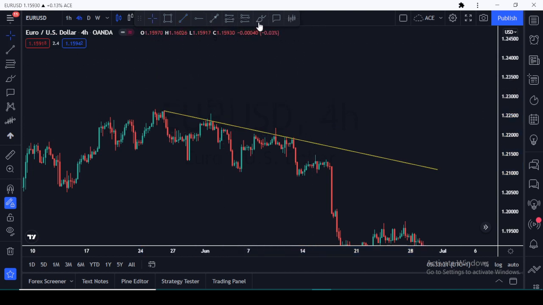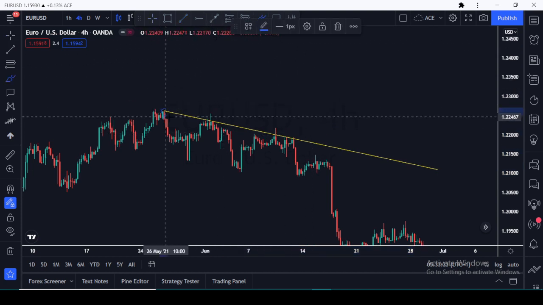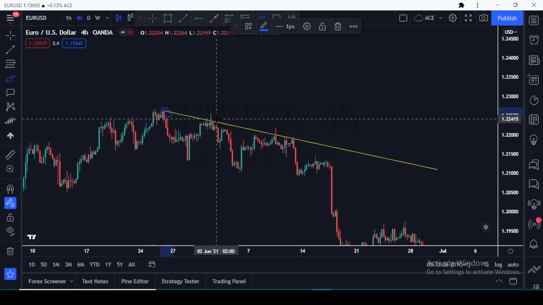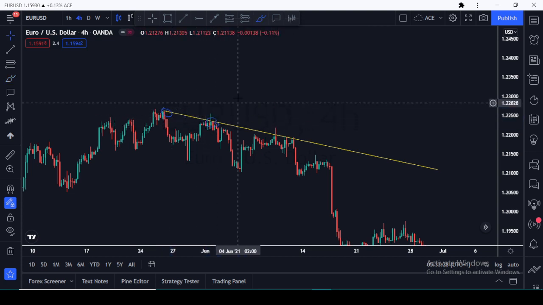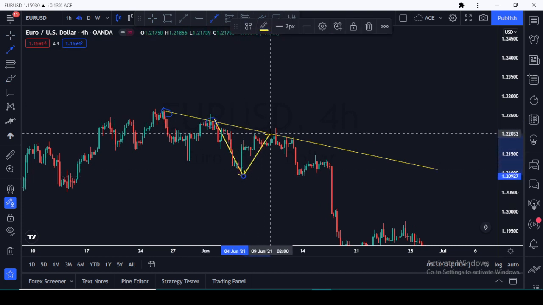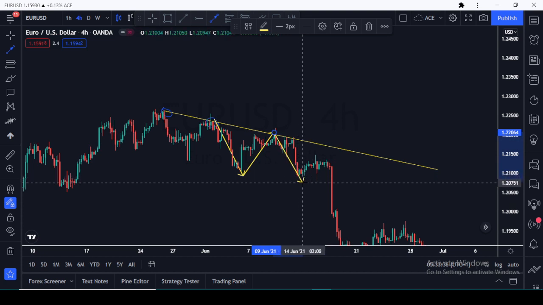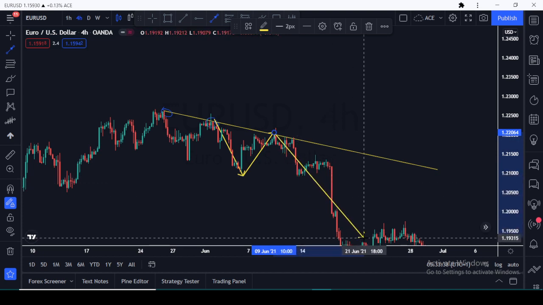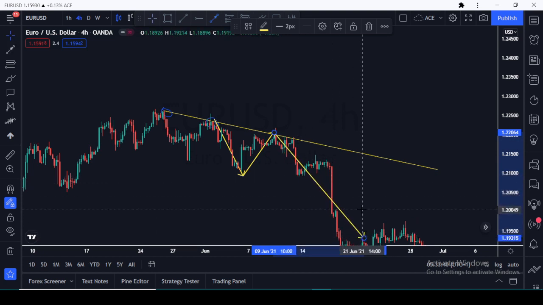As you can see, we've had our first touch here, our second touch, and when price, after a little impulse move, retraced back to this point, after touching the trend line, sellers continued and price dropped and even continued dropping further.